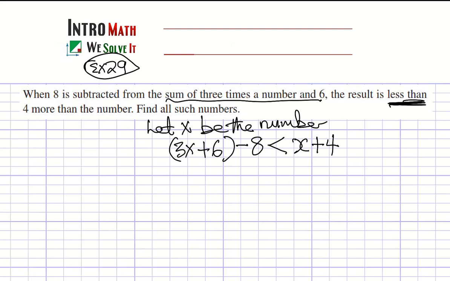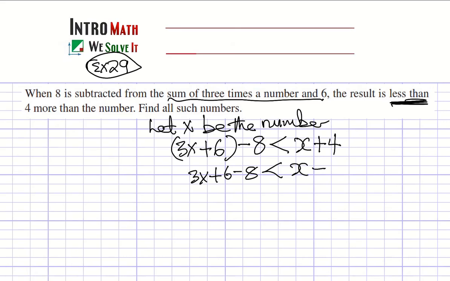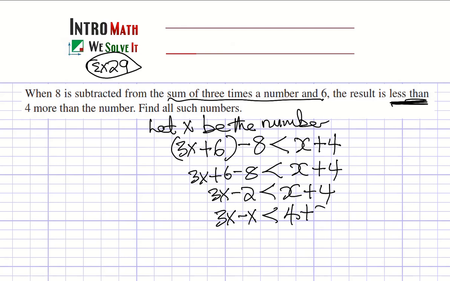So let's remove the bracket. We have 3x plus 6 minus 8 less than x plus 4. You simplify things. That's 3x minus 2 less than x plus 4. Move things around: 3x minus x less than 4 plus 2.